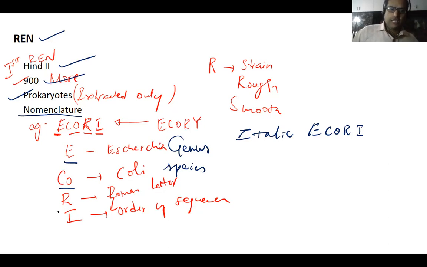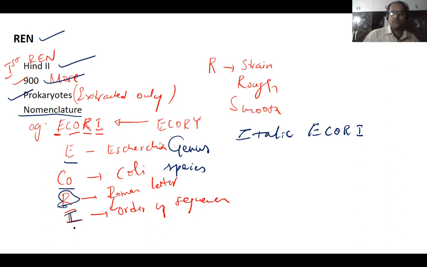Coming to the next alphabet, R has been written there. R stands for rough strain. Here we need to understand the rough strain and the smooth strain; it depends on the nature of the strain, and that has been written as R. Now, coming to the Roman numeral I.